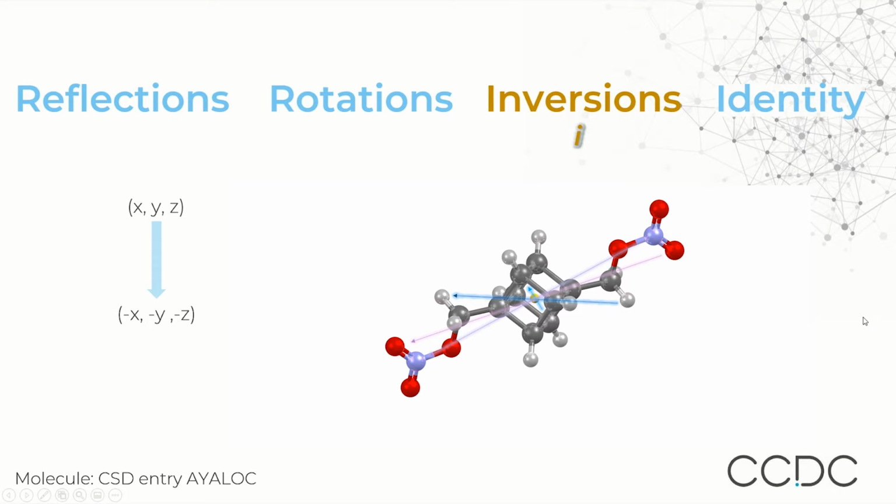The centre doesn't have to have an atom at it, just like in this example, and we can find it by checking where the arrows of motion intersect. The symbol lowercase i identifies the centre of inversion.